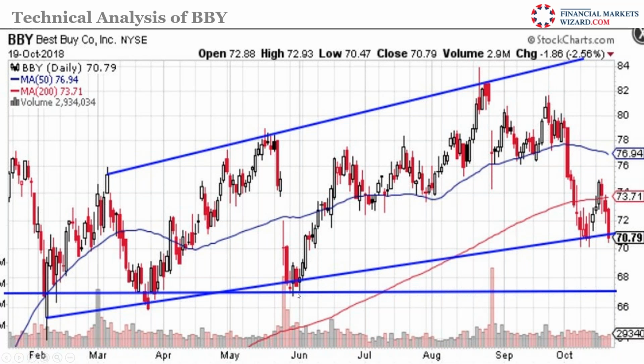It closed around 71, and with support at 67, that's 4 points of potential for a $71 stock. So it may give me some good money in the puts. I'll keep an eye on Best Buy over the next few days and see if we can catch it towards 67.